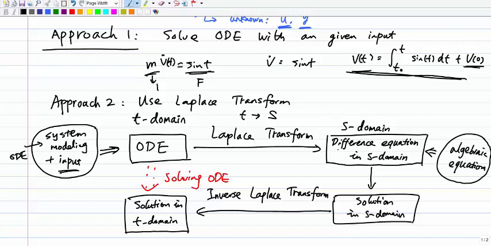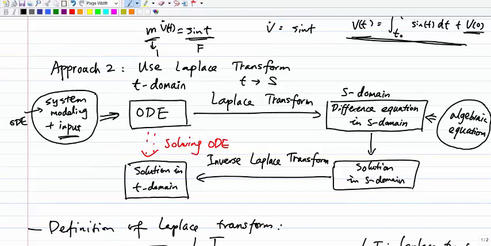Because this equation is much easier, we don't have derivatives anymore, only powers like s squared and s cubed. So it's easy to solve in this sense. Since it's only an algebraic equation, we can solve it algebraically.